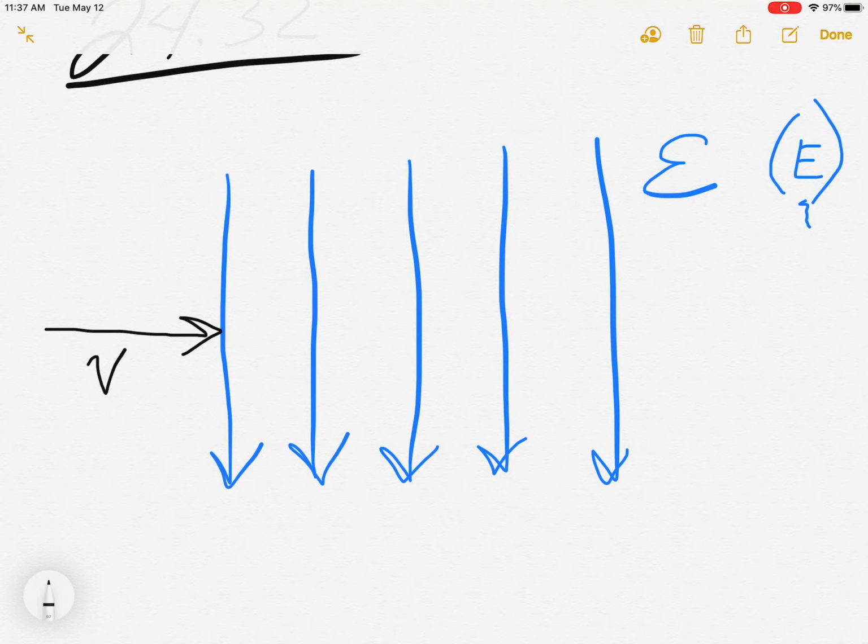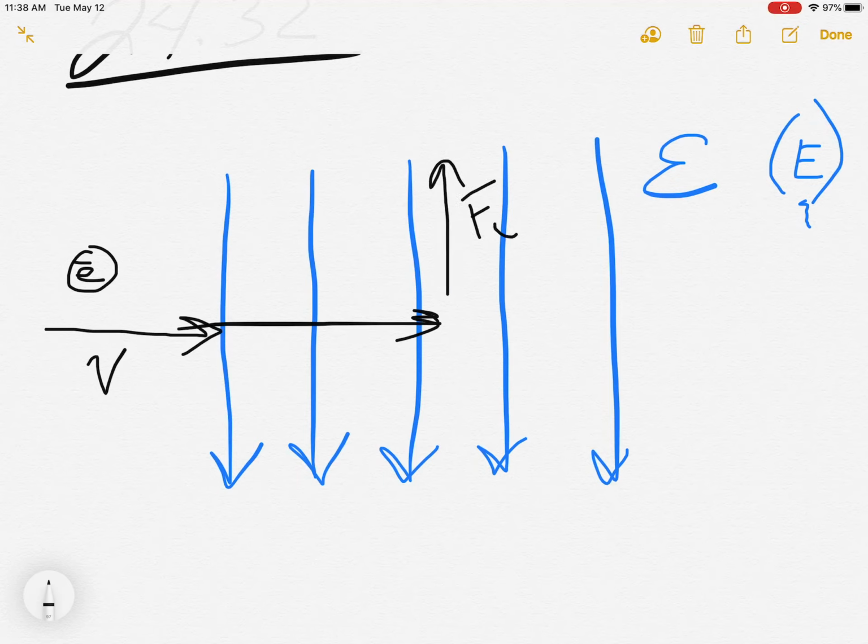Entering the field this way. There's the speed of the particle. And the particle, we'll draw it here, and we'll put negative E in there. Well, we'll try. There we go.